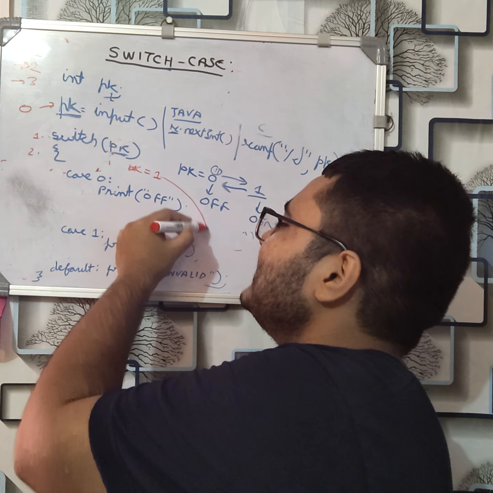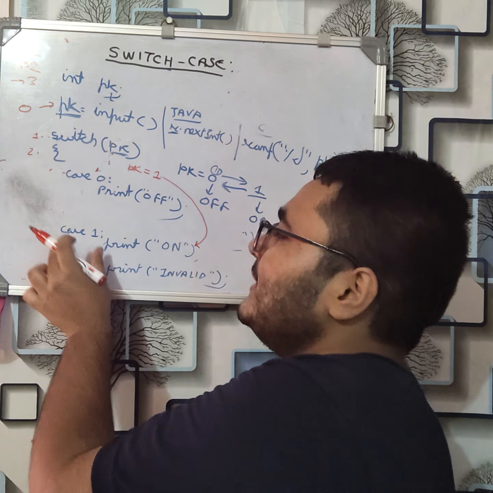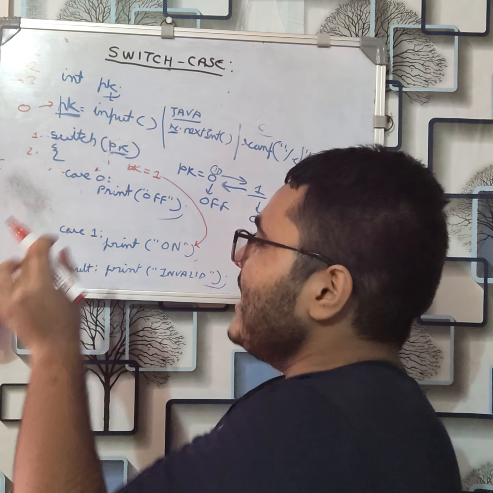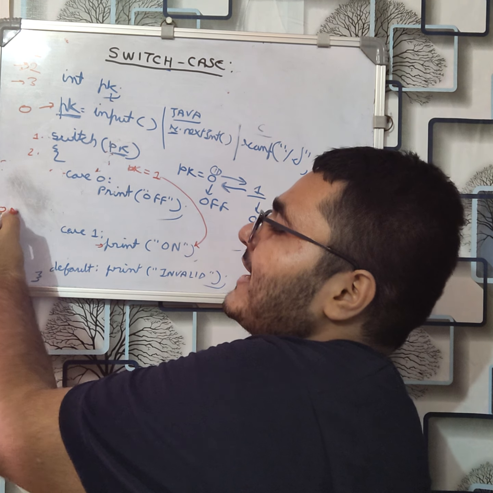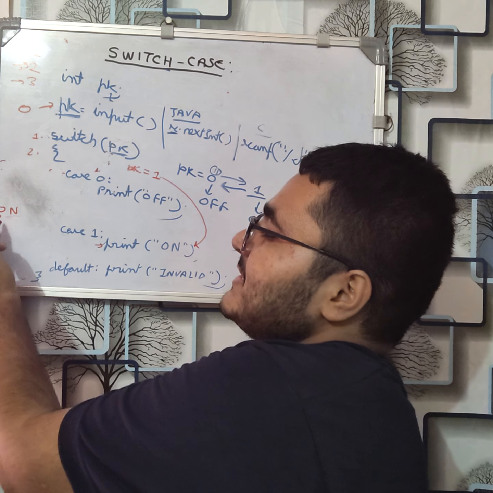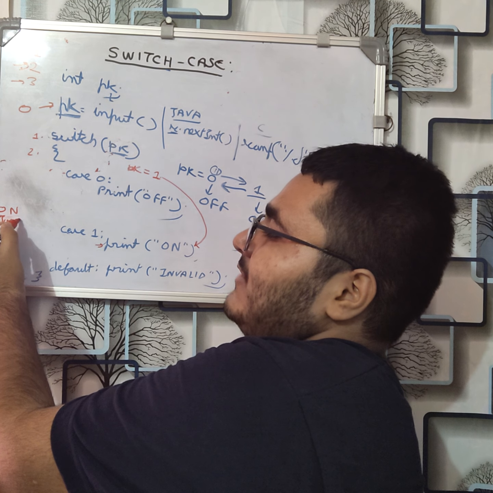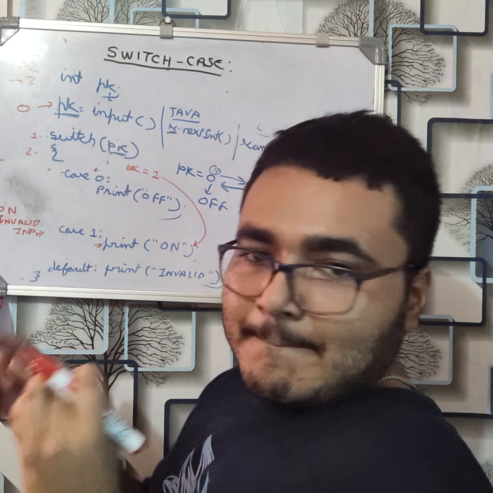It is matching with case 1. It will ignore this case 0. Alright. So it is matching with case 1. Now after case 1, whatever is there will be printed, meaning in the output it will come on, and also default, default means invalid input, both are printed.